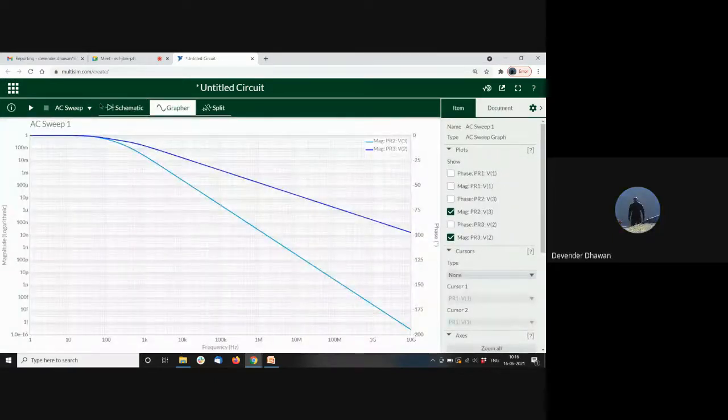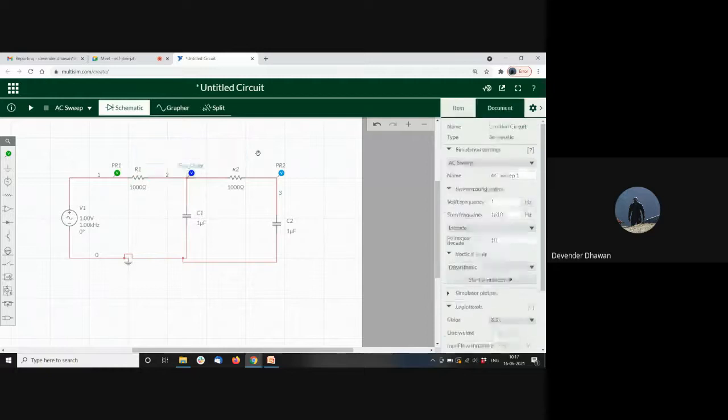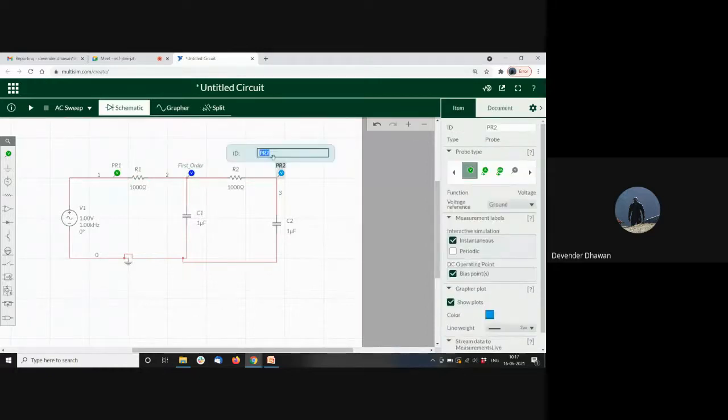One second. What we can do is change the name of the probes. So instead of PR3, I will write first order, and instead of PR2, I can write second.